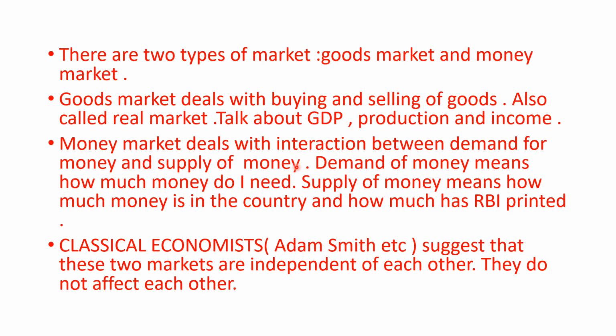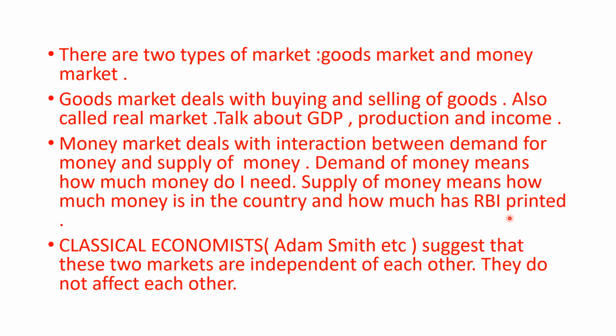Demand of money means how much money do I need? Supply of money means how much money is there in the country, how many notes the RBI has printed. So you are talking about demand of money on one hand and supply of money on the other.